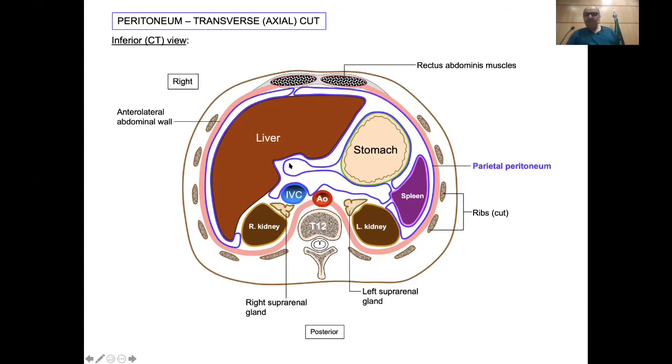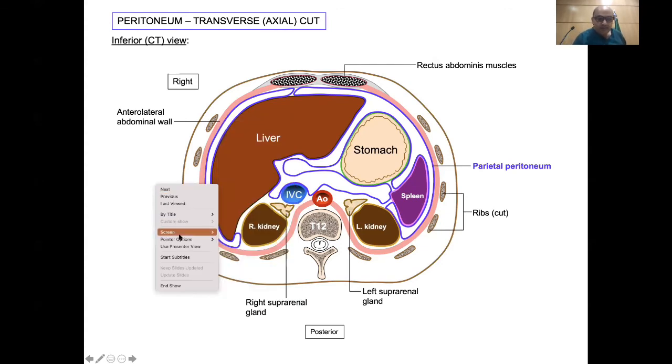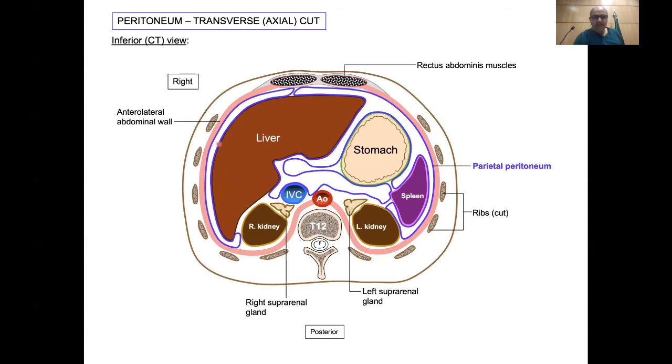Let's label them. From the anterior abdominal wall to an organ, guys, your word needed. Is it a mesentery? Is it a ligament? Is it an omentum? Ligament. Excellent. Let me use the laser pointer. Yeah, red is fine.